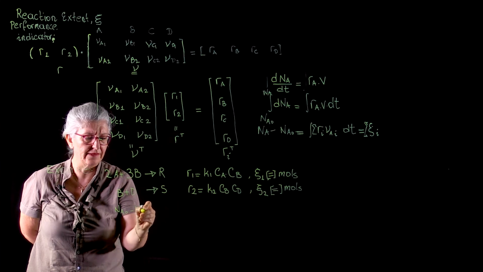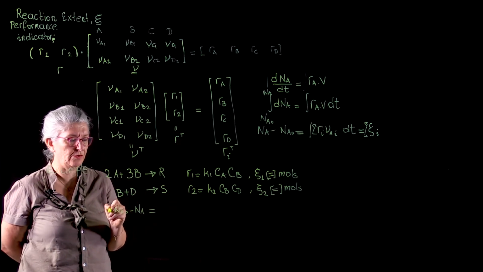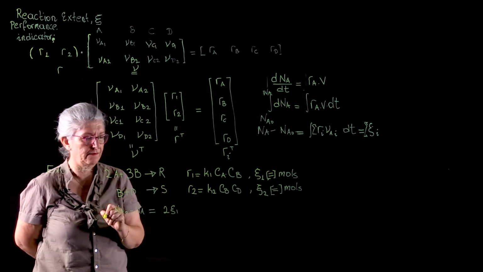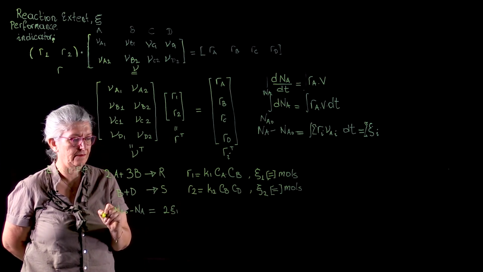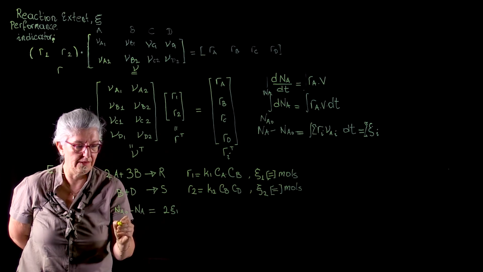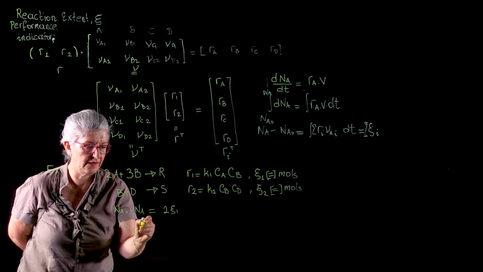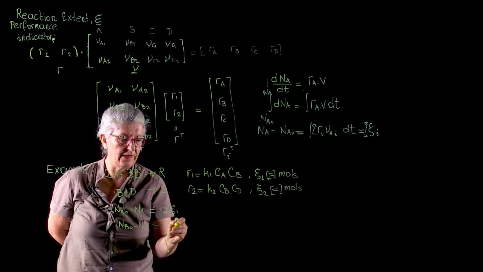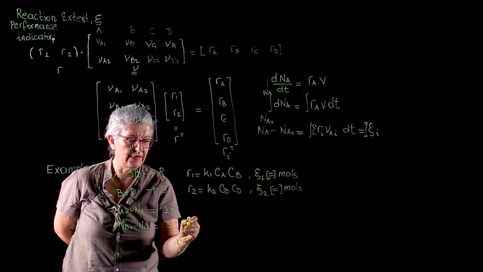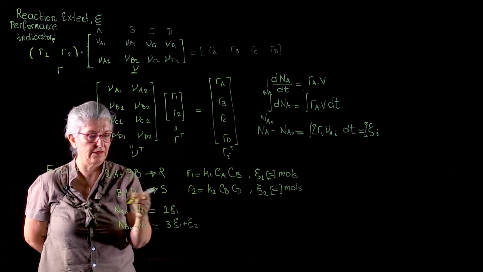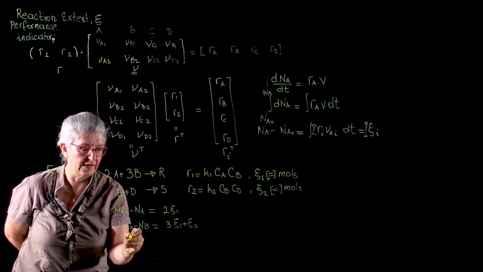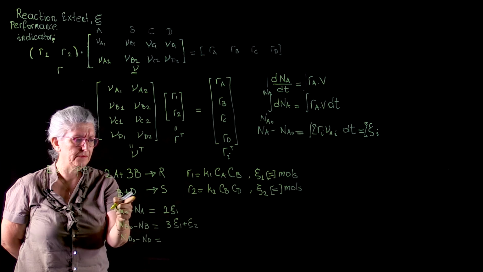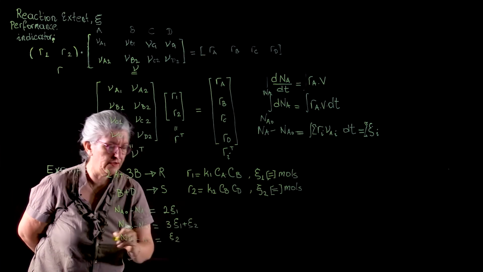NA0 minus NA, how much A is consumed, is going to be 2 psi 1, and NB0 minus NB will be 3 psi 1 plus psi 2, and ND0 minus ND is psi 2 only.